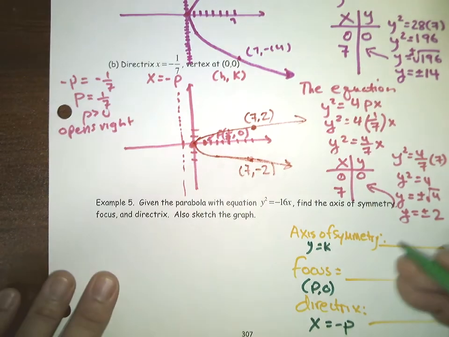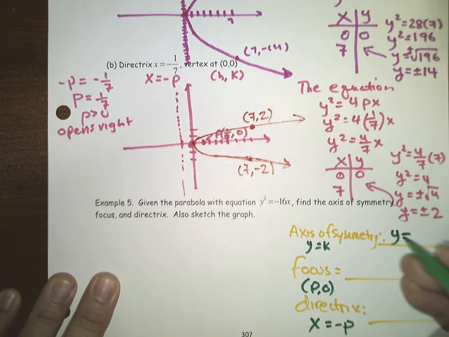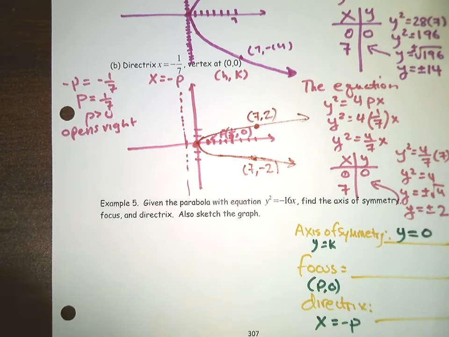So this is actually at y is equal to 0. All right, so that one was not actually difficult for us to find, right? But now, what do we need to do here?